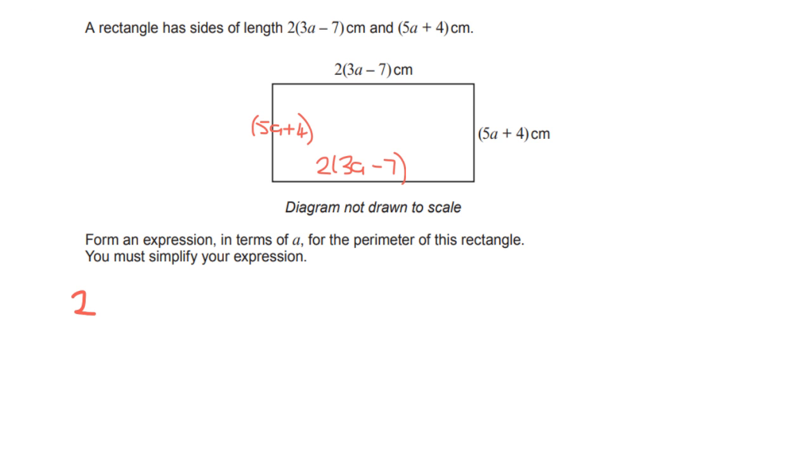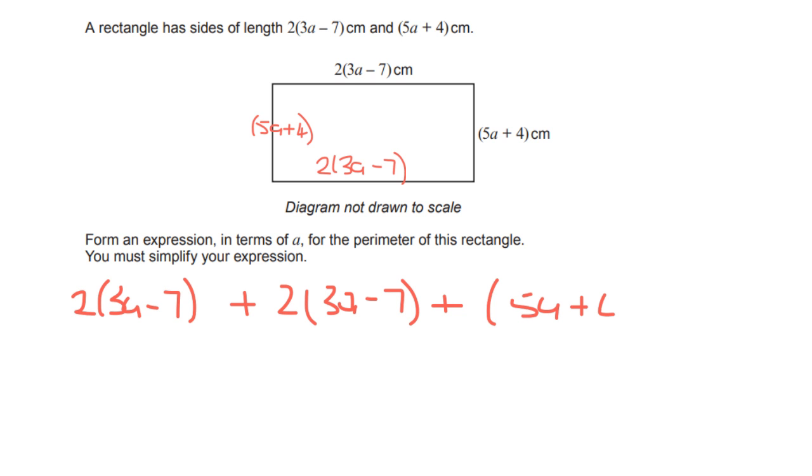So I've got 2 lots of 3a - 7, adding that to another 2 lots of 3a - 7, and then adding that to 5a + 4, and adding that to 5a + 4.